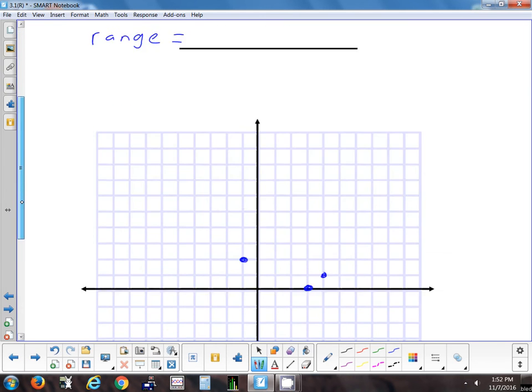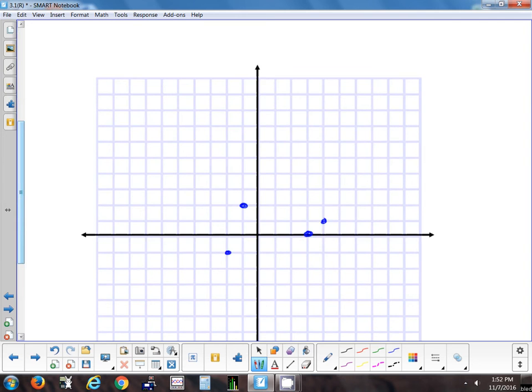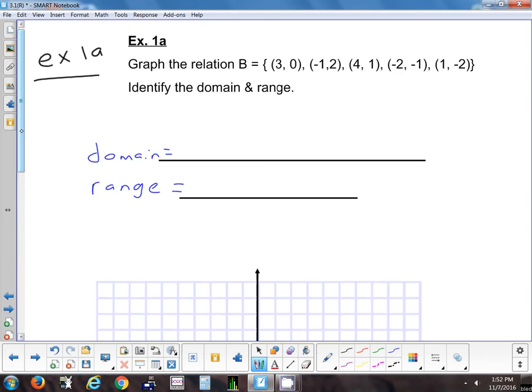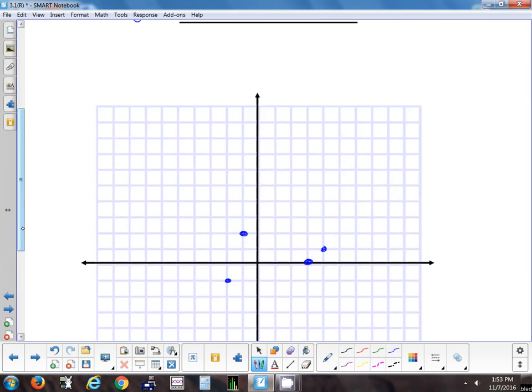So left 2, down 1. And how about the last one, Trenton? 1, -2. 1 to the right, 2 down. Okay, so there's our graph. You don't have to connect it. All you're doing is putting those 5 points.